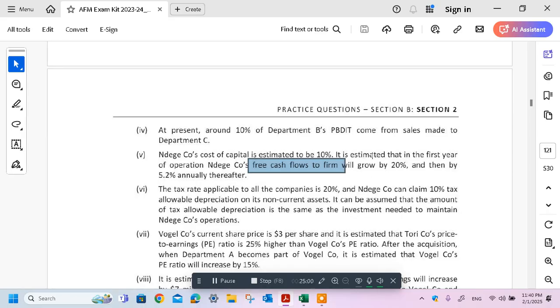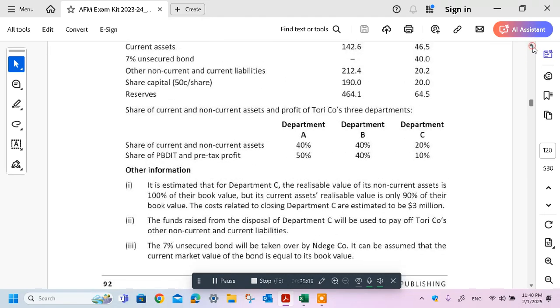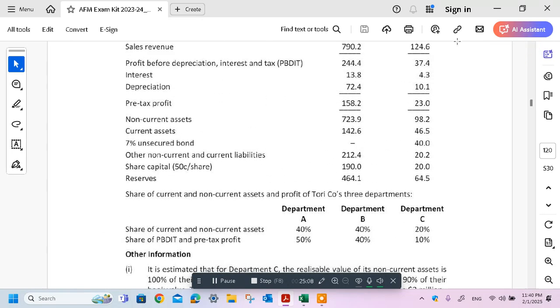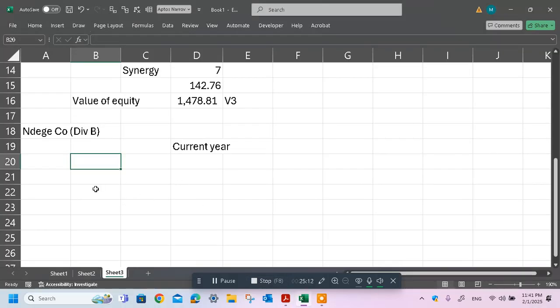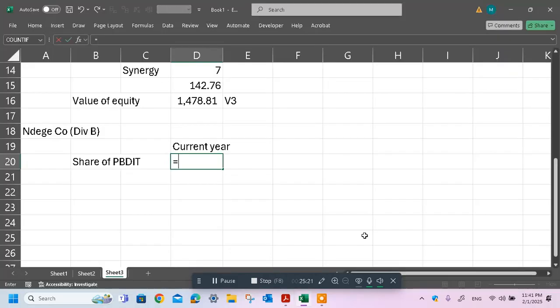Since they have given the depreciation information, let's find share of PBDIT, profit before depreciation, interest and tax. From this 37.4, I have to take it. So let's say share of PBDIT: 37.4 into 40%. Department B accounts for 40%.